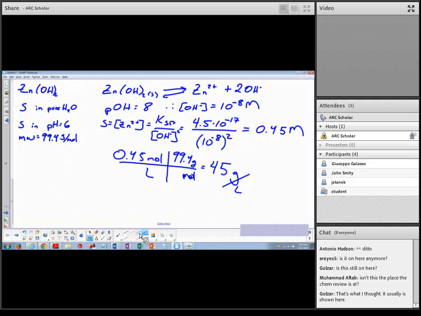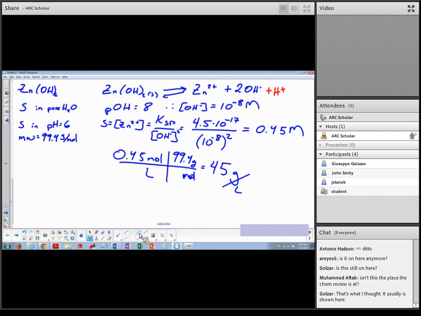And so if we were to go in and talk about the common ion effect here, one way you can think about this, and what I think is the easier way, is we're starting at a pH of 6. So is there more H plus or OH minus in the solution? More H plus. So I'm putting in zinc hydroxide, right? When I put in that zinc hydroxide, there's going to be H plus in there already.